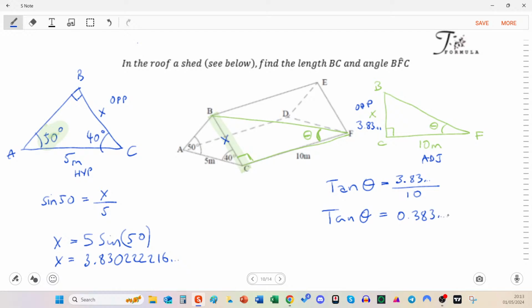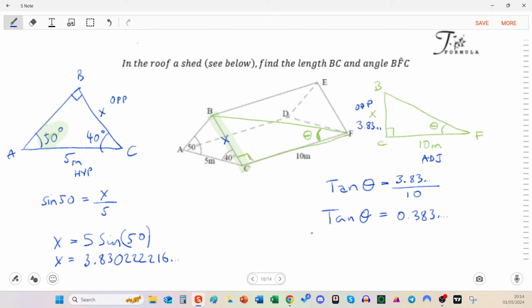0.383, etc. And what we want to do to get rid of this tan, because currently this is tan theta, we just want theta, meaning we need to get rid of tan. In between tan and theta, most people I teach think that there is a multiply there. It's not the case.